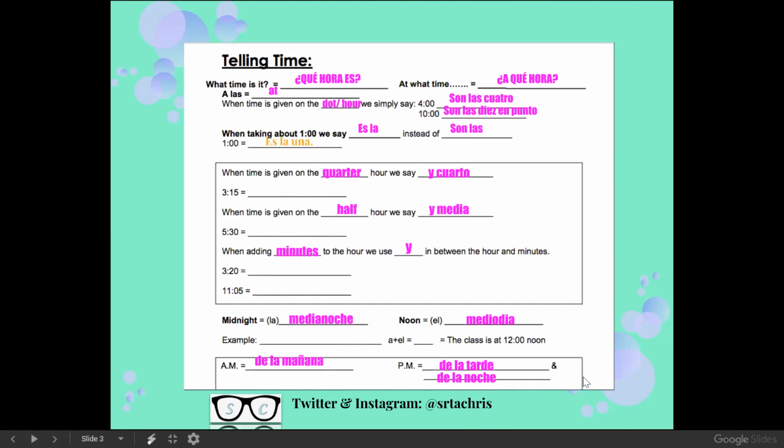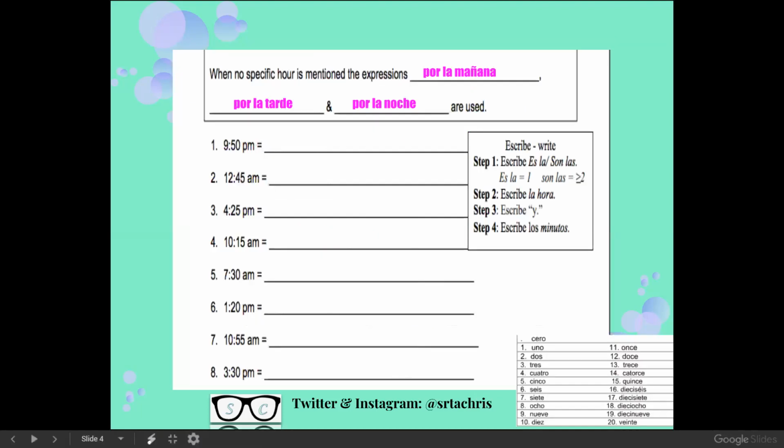All right, so now on to the meat and potatoes. There are four-ish steps to telling someone what time it is. Your first step is to write. Escribe means write. You're either going to write es la or son las because you want to say it is 9:50, it is 12:45, it is 4:25.